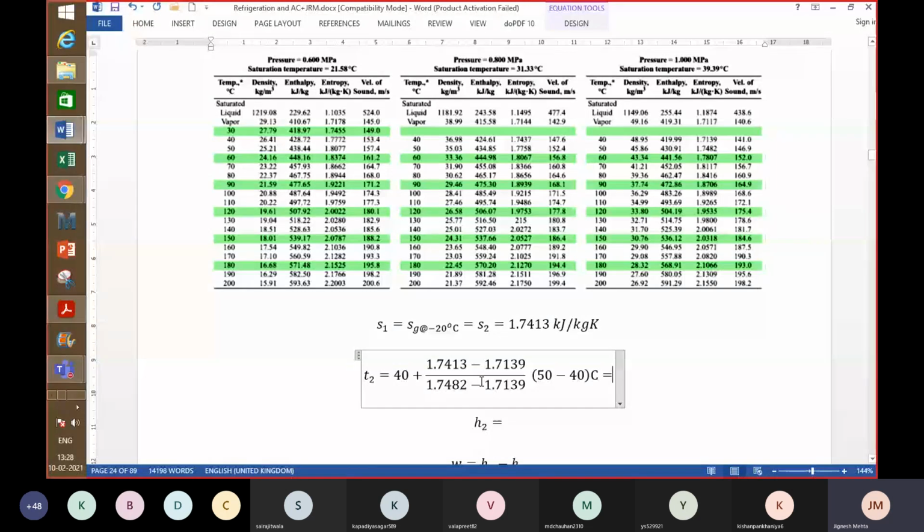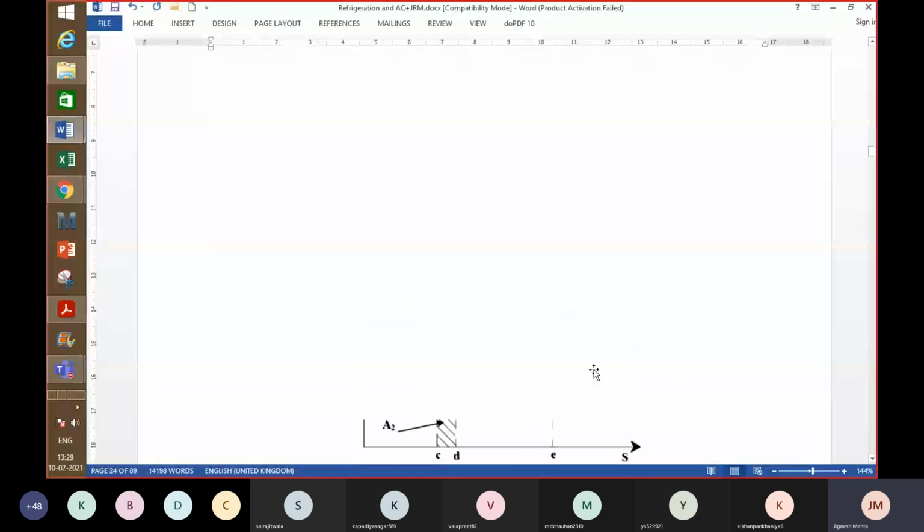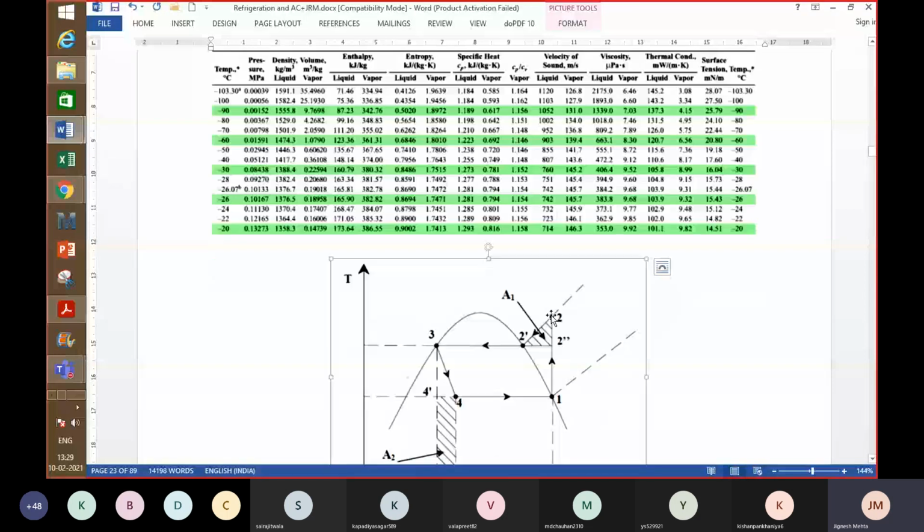Your saturation temperature is 39.39, but the vapor entering the condenser is slightly superheated, just around 7-8 degrees Celsius of superheat. So it's a low superheat, and in the case of R134a, the superheat is low.